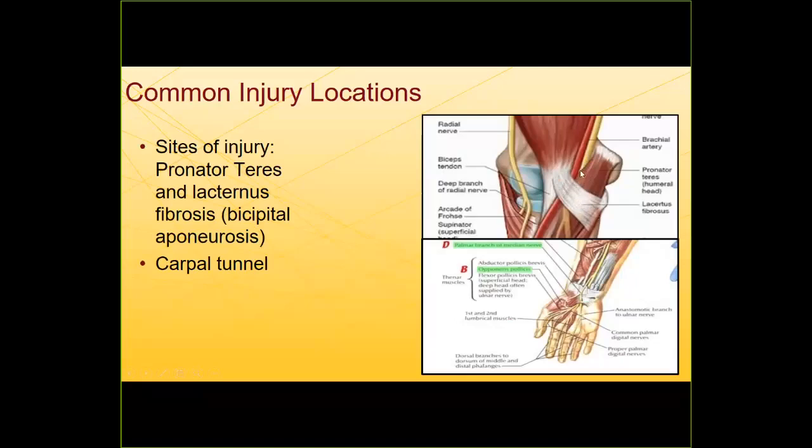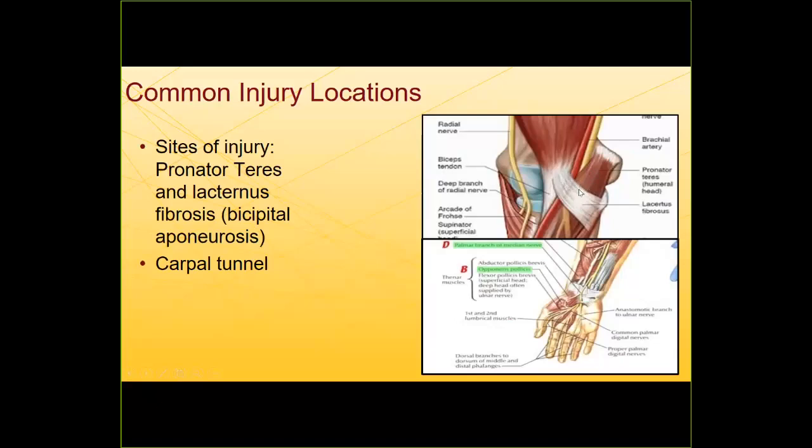That happens, as you can imagine, as a person repetitively pronates and perhaps hypertrophies the pronator teres. That causes less space through here. It also happens because this connective tissue, this aponeurosis right here, can be pretty jagged on this border of it, and so it's just prone to injury right here.